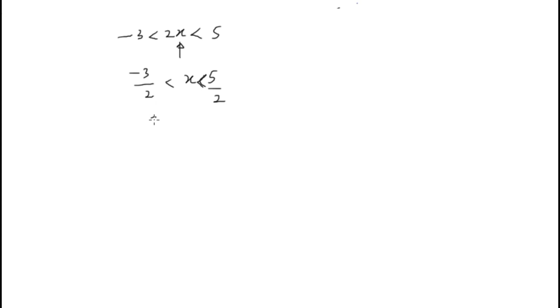I'll pick 3 upon 2 plus 5 upon 2, and that's supposed to be 8 upon 2, which is equal to 4. So if I have 4 as the total distance on both sides, I need to divide 4 by 2.